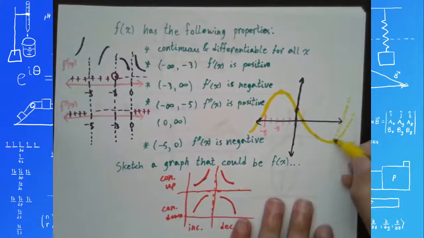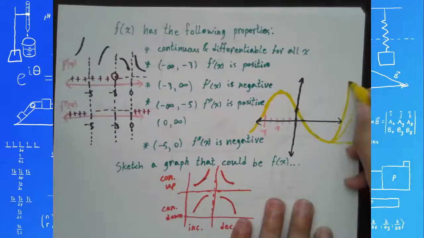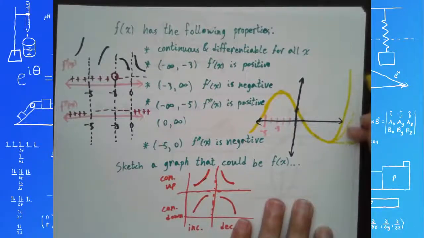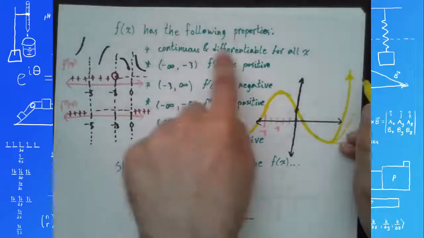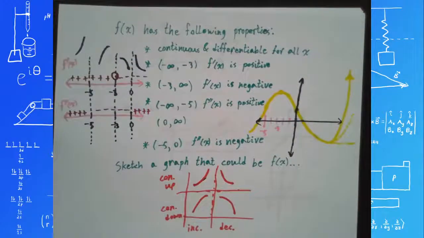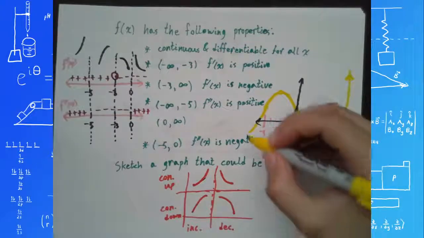I'll go for this route. That's looking to be rather vertical, but there is no vertical asymptote here. This thing is continuous and differentiable for all x, so it'll pretty much behave like a polynomial.